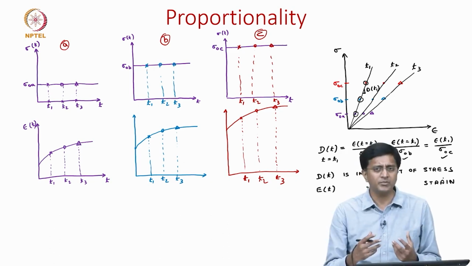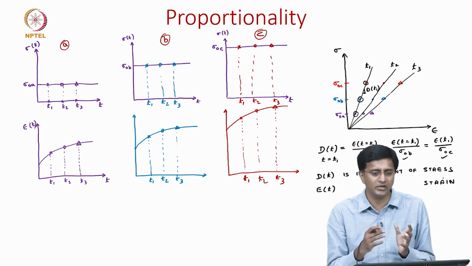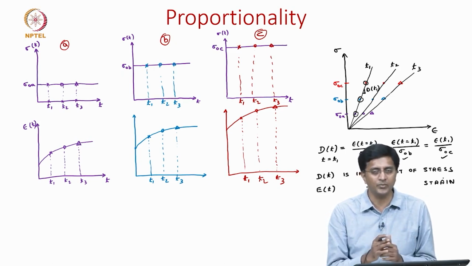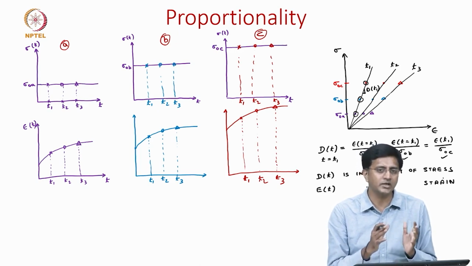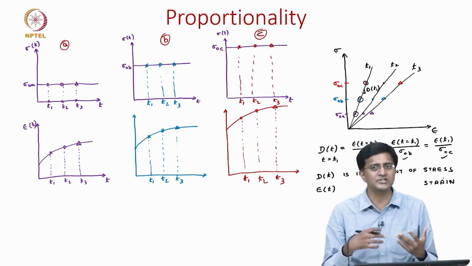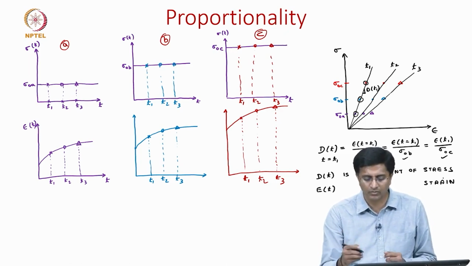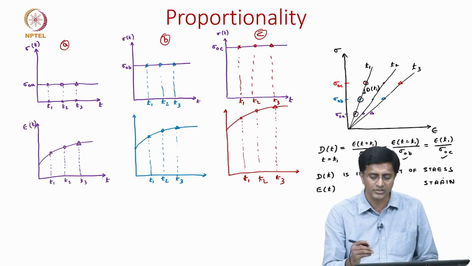So usually it all depends on the kind of strains we are looking at. If we limit our strains to, let us say, within 3% or 5%, most polymers exhibit this linear viscoelastic behavior. But if you are looking at strains beyond that, that is when the nonlinearity kicks in, and if we plot these isochronous plots, we will see a curve and not a straight line.